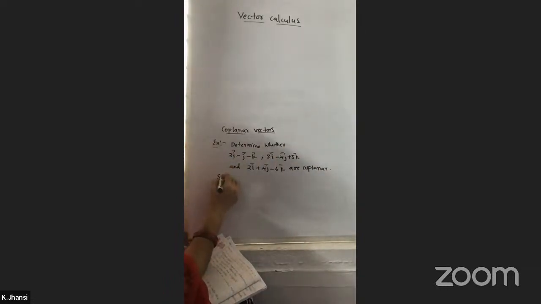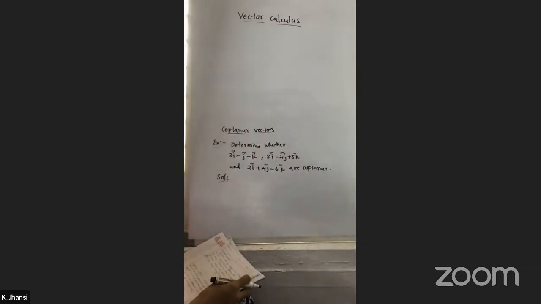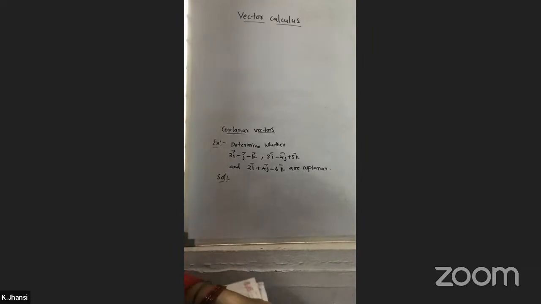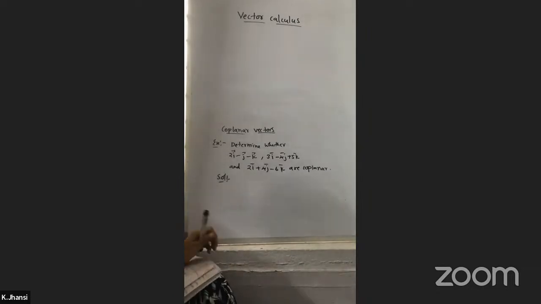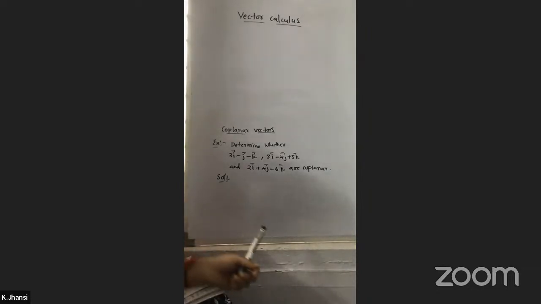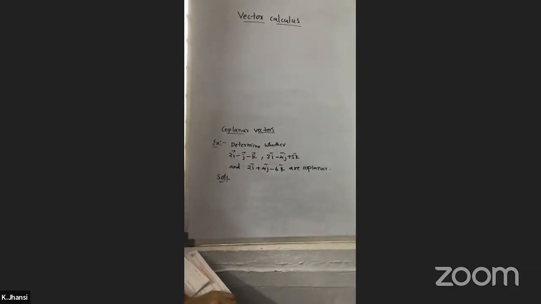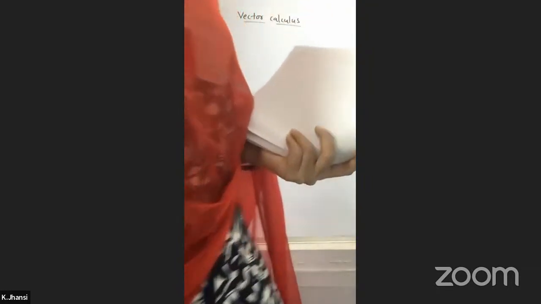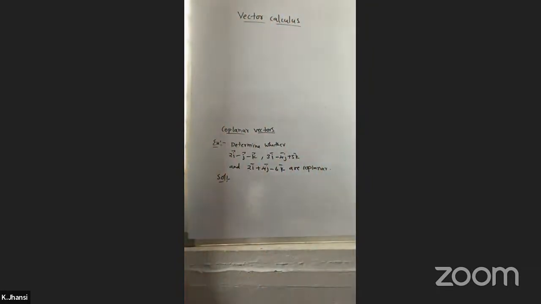Now solution is directly we can write it as, so coplanar of vectors means that is determinant we can take, and if you find the determinant of that one, so we can take the points as, that is vector A equals to given point and vector B equals to second point and vector C is equals to third point.